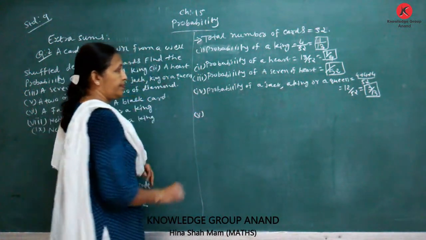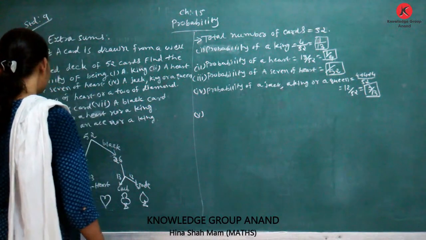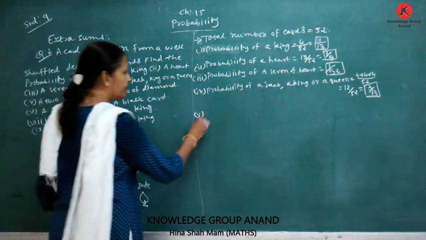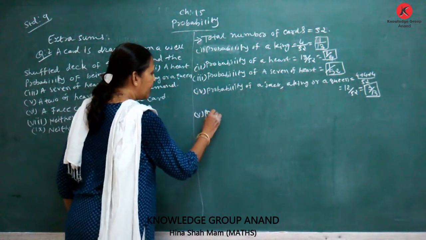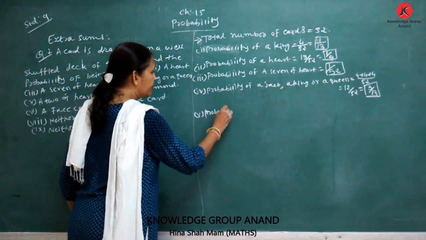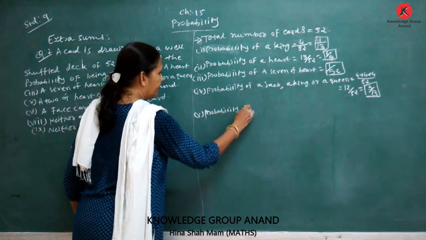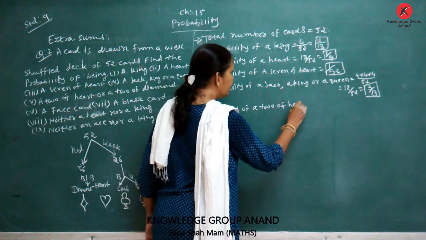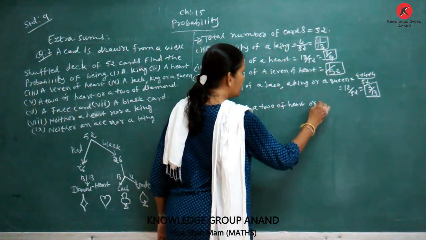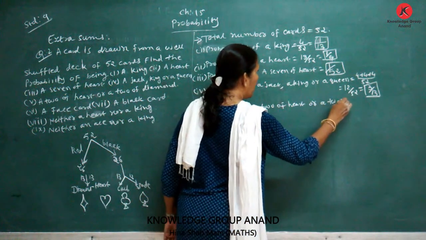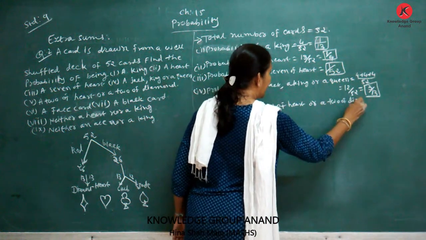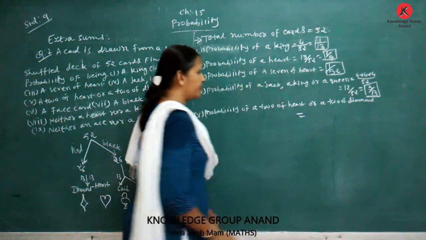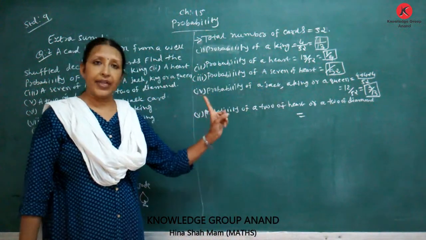Number 5. A 2 of heart or a 2 of diamond. Probability of 2 of heart or 2 of diamond equals: how many 2 of heart? 1.